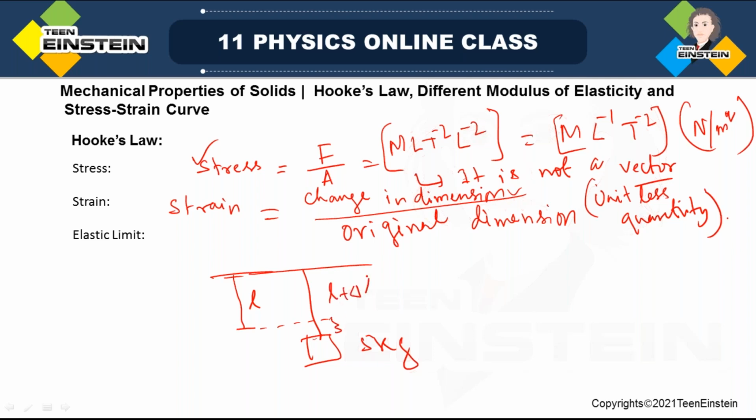It has become L plus delta L, suppose, where this is delta L. Now if you remove the weight, what will happen? It will go back to the previous length. So when we put a load, the length of the wire increases. When we remove the load, it regains its original size and shape. Nice.